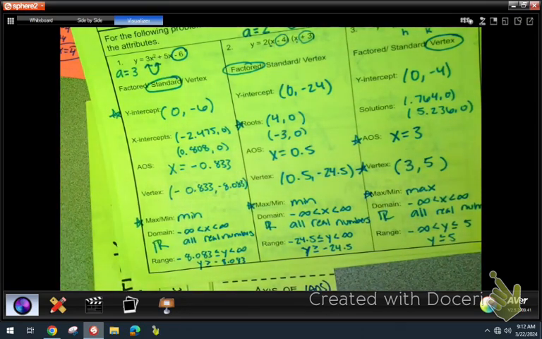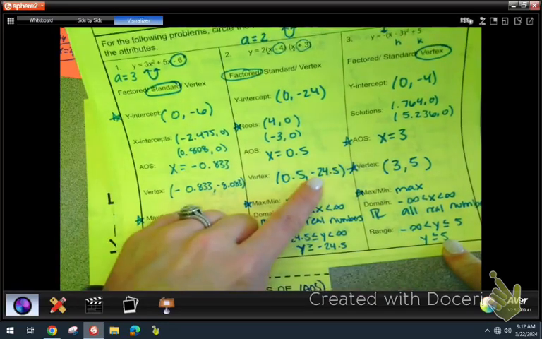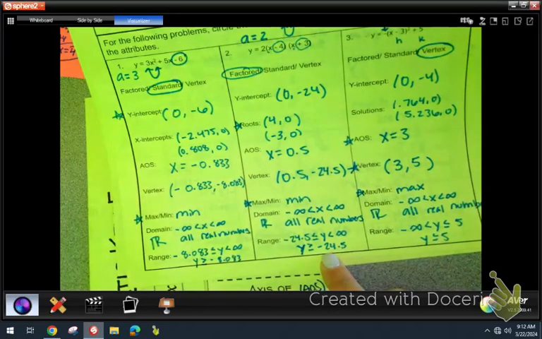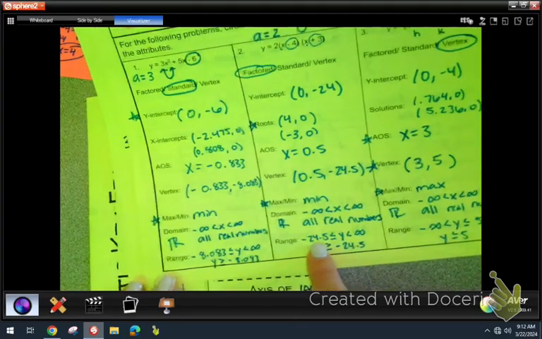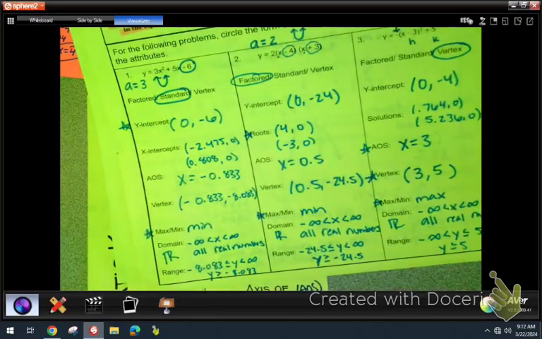Very good. So if you look at my vertex here, the y value is 5. My boundary is 5. The y value of my vertex is negative 24.5. My boundary is negative 24.5. A lot of you write it the first way that I wrote it, which is fine, but multiple choice wise, they normally write it the second way that I did. They either say y is greater than something, greater than or equal to, or y is less than or equal to.